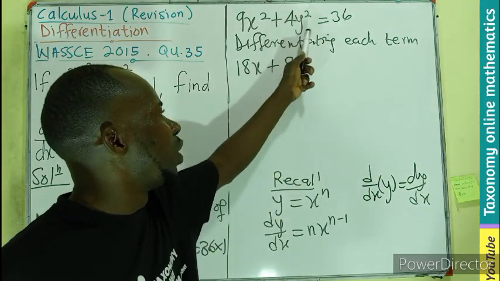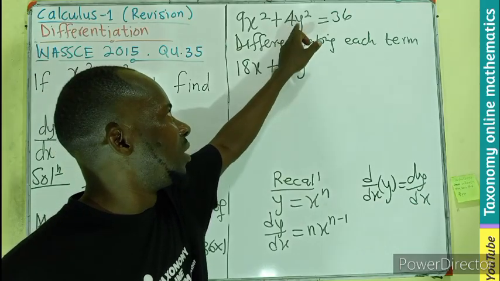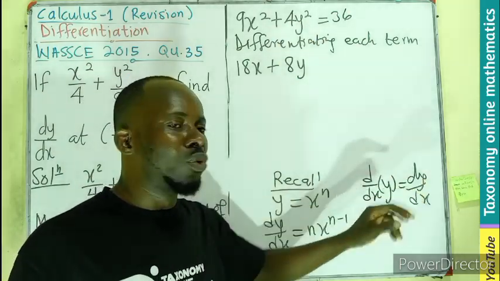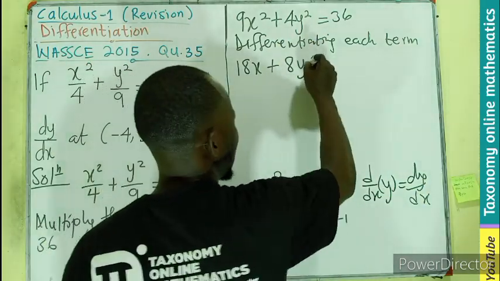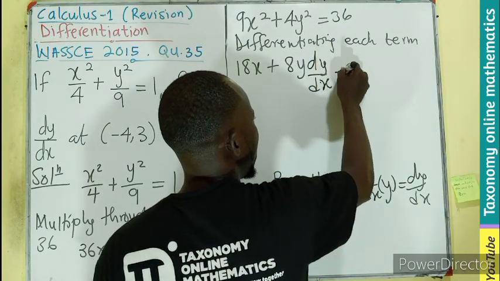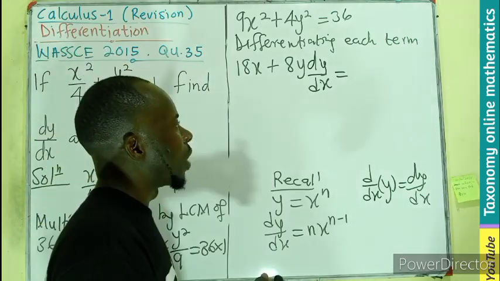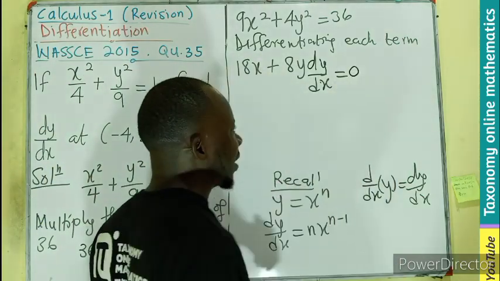So anytime we are doing implicit differentiation with respect to x, when we finish differentiating the y term, we introduce dy/dx. So this is going to be dy/dx added onto it equals, if I differentiate any constant, I will get 0. So I'll be having 0 at the right hand side.